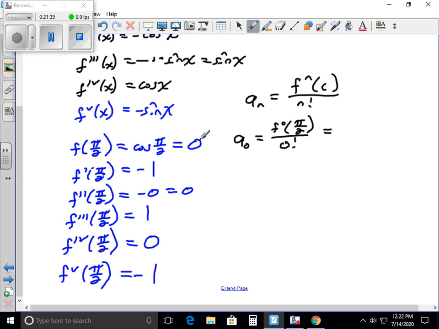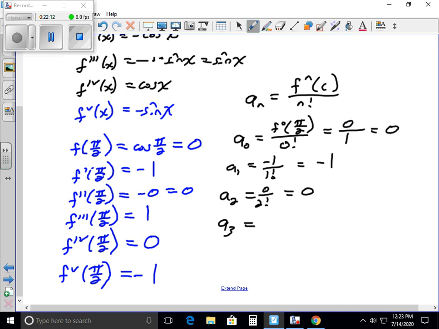So when we plug pi over 2 into our function, we get 0. 0 factorial is 1. So the first coefficient is 0. Our next coefficient is the first derivative at pi over 2 over 1 factorial. So that's negative 1 over 1, or negative 1. Our second coefficient is our second derivative at pi over 2 over 2 factorial, which is 0.